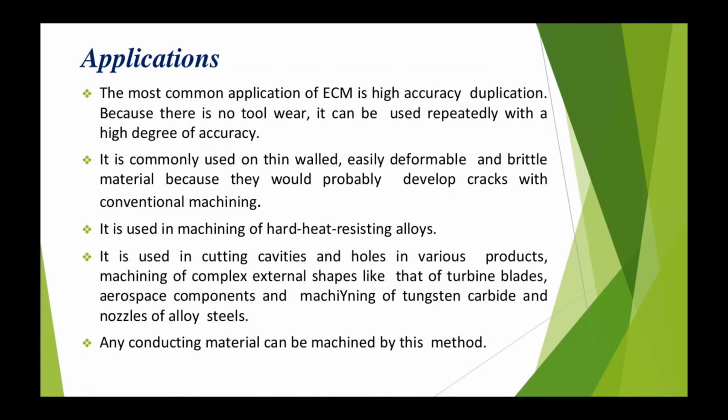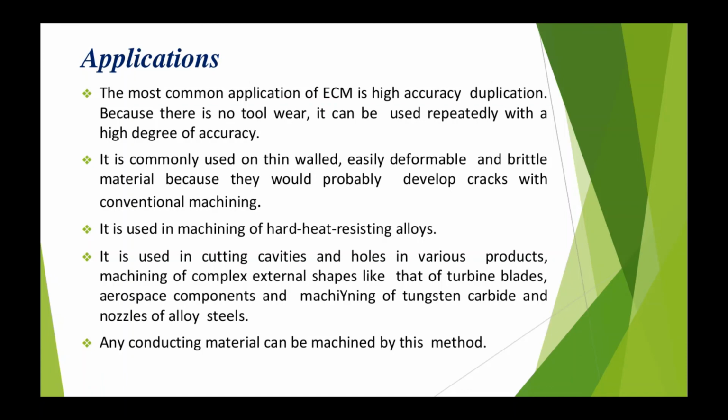Now let us discuss some applications of electrochemical machining. The first application is high accuracy duplication, because there is no tool wear, it can be used repeatedly with a high degree of accuracy. It is commonly used on thin walled, easily deformable and brittle materials, because they would probably develop cracks with conventional machining.